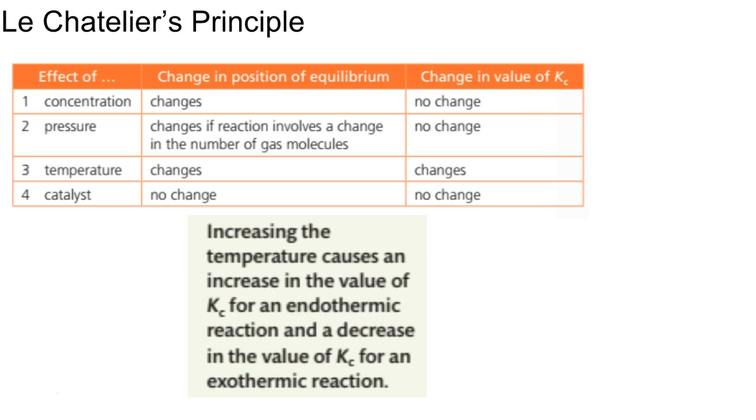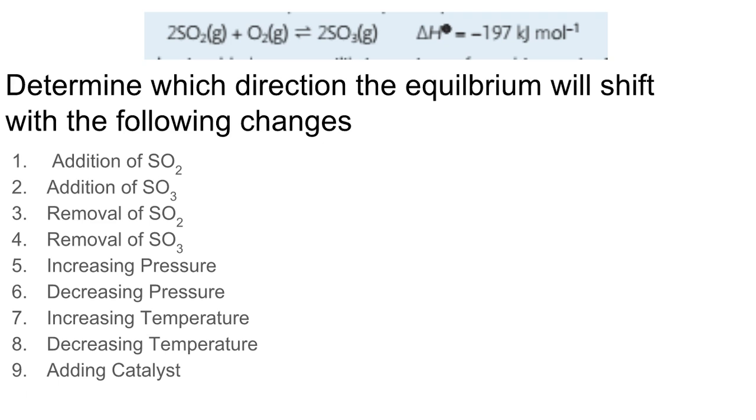Increasing the temperature causes an increase in the value of K if it's endothermic, if delta H is positive, and it's going to decrease the value if delta H is negative. So increasing the temperature will cause K to increase for endothermic reactions, and decrease for exothermic reactions.